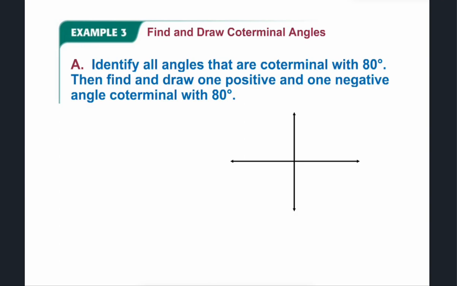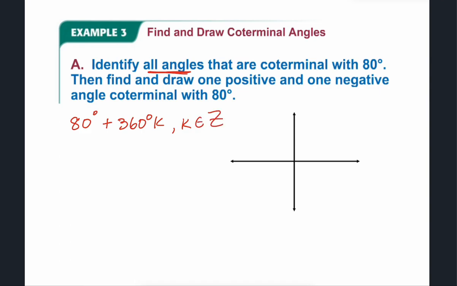It says identify all angles that are coterminal with 80, then find and draw one positive and one negative angle coterminal with 80. Okay, so do you see the words here, all angles? What we're going to do is write 80, because it's degrees, plus 360k, where k is an integer.